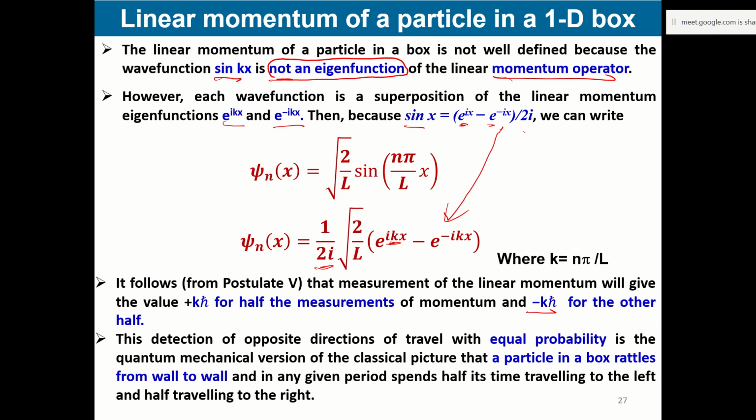So there is equal probability of the particle moving left or right. In the classical sense, this is what we mean by a ball bouncing between two walls. That is called rattling motion.